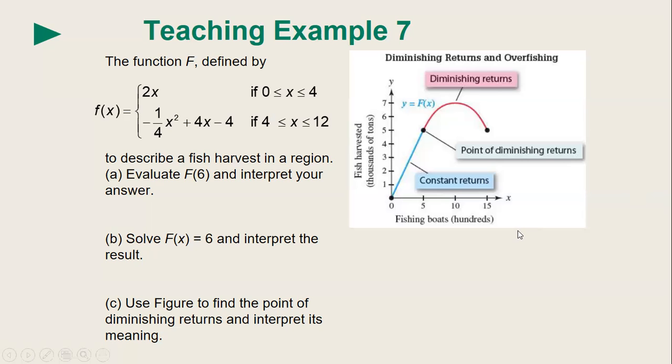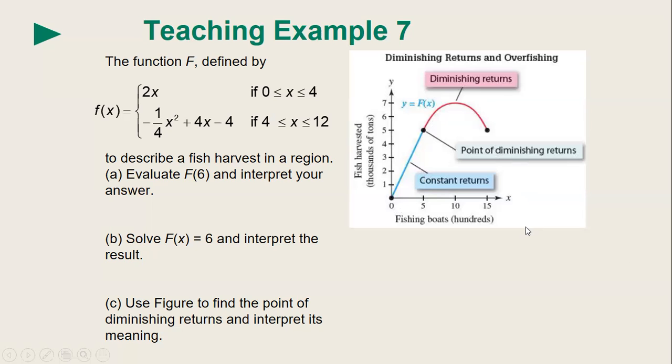The fish that are available started to decline. So this piecewise describes that relationship. It describes how there was a constant return, how there was somewhat of a give and take, and then this is where it turned for the worse, the point of diminishing, and then the diminishing returns, okay? And so it's modeled by this piecewise function.